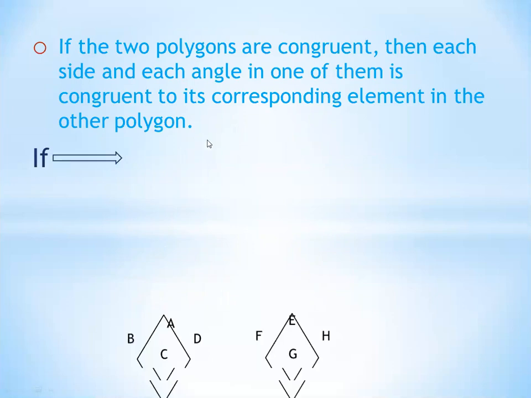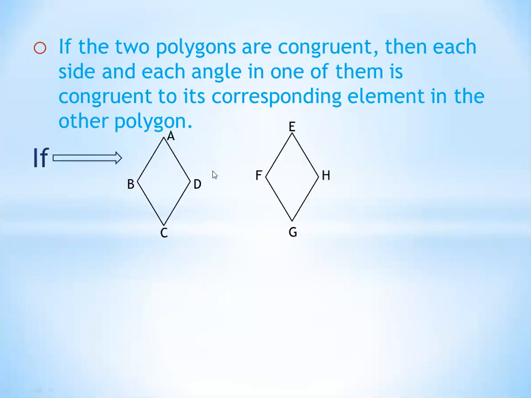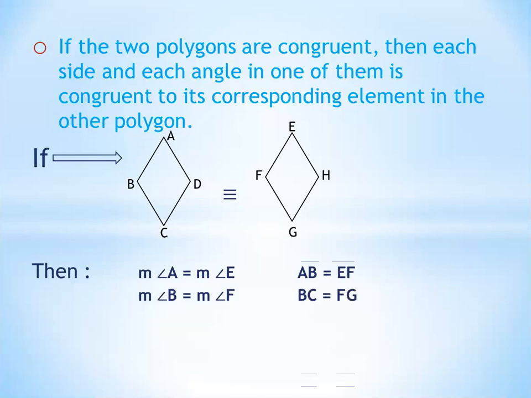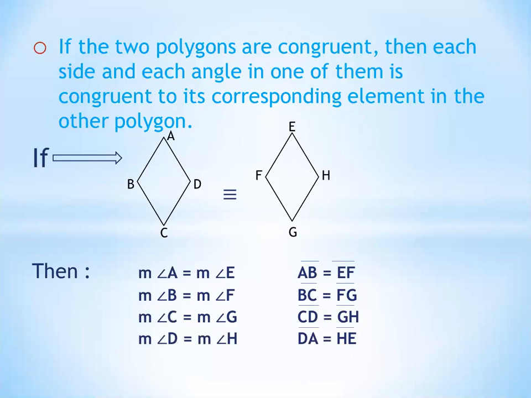If I have two polygons, what is this polygon called? This polygon is a rhombus. This polygon is a rhombus. Here these two polygons are congruent. What am I going to recognize? First, I will recognize that measure of angle A is equal to measure of angle E. Measure of angle B is equal to measure of angle F. Measure of angle C is equal to measure of angle G. Measure of angle D is equal to measure of angle H. What about the sides?